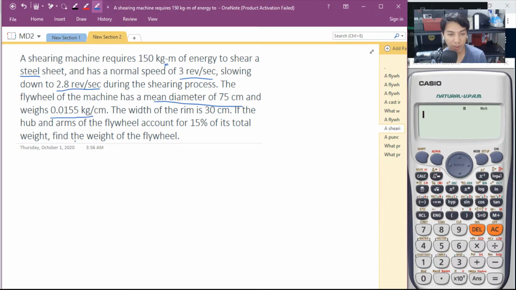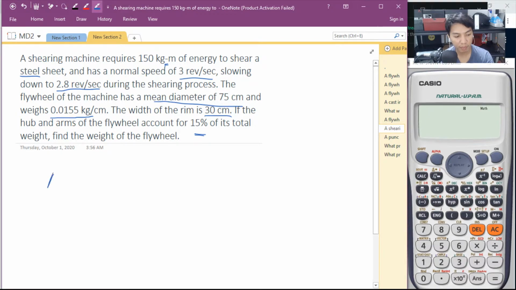The width of the rim is 30 cm, so B. If the hub and arms of the flywheel account for 15% of its total weight, find the weight of the flywheel. So, even if you don't use this part here, okay? You've already been given the energy.